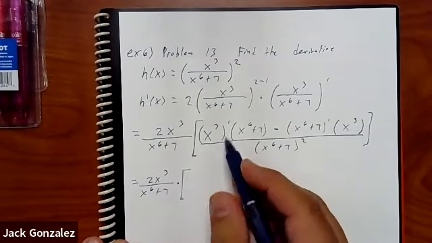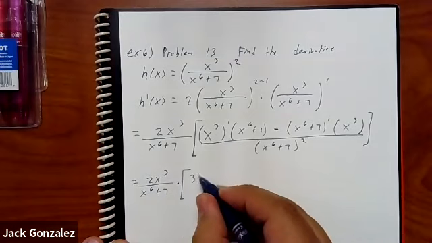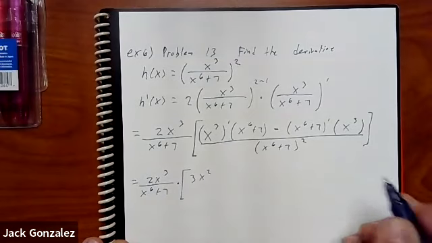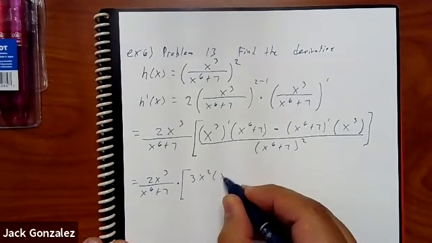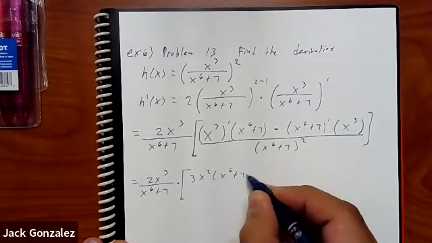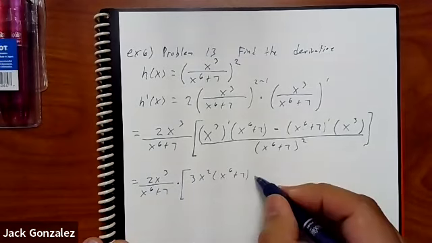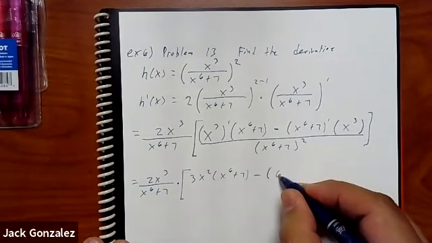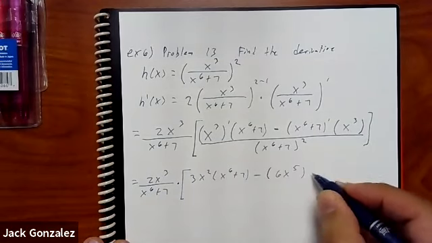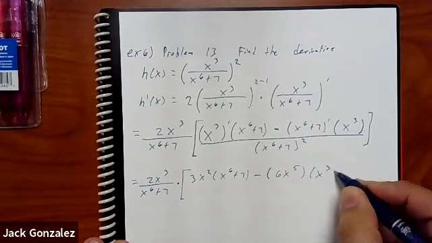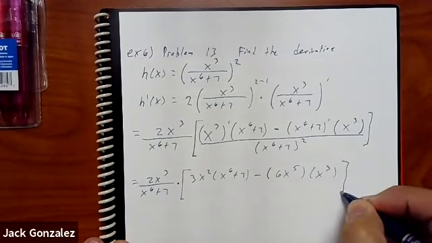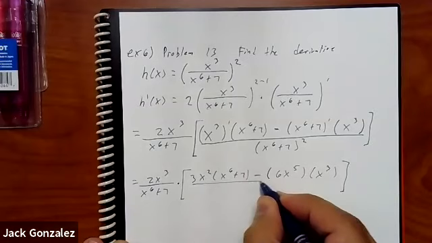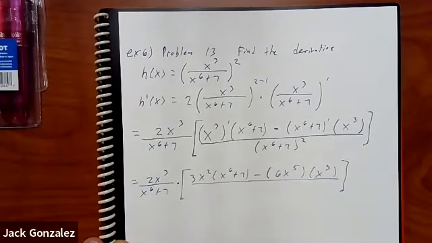Okay, so the derivative of x cubed is 3x squared times this nonsense. The derivative of this guy will be 6x to the 5th times this. So the derivatives are now done. Now we just have to do some algebra.